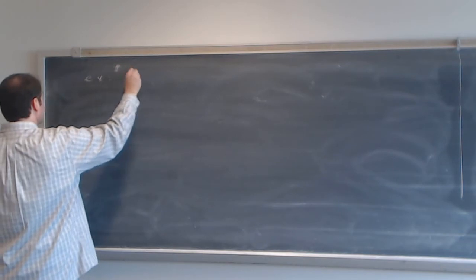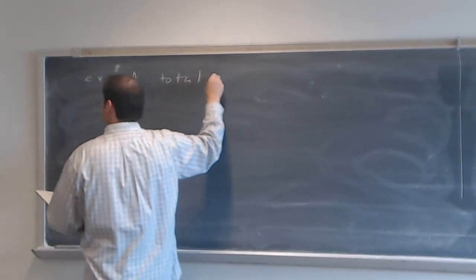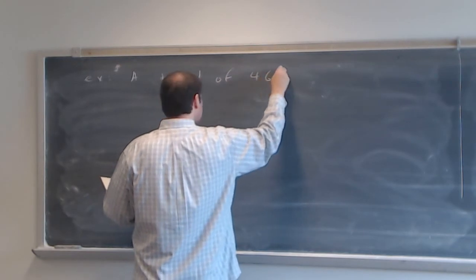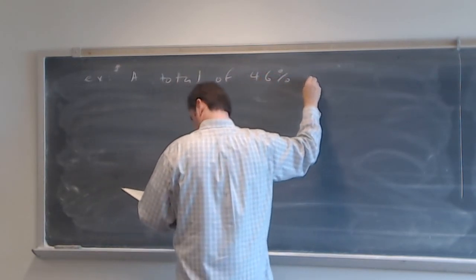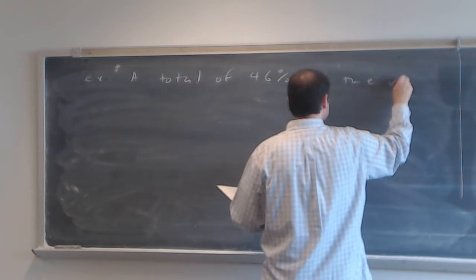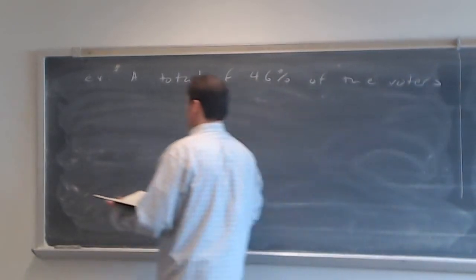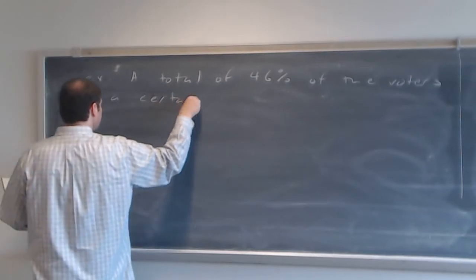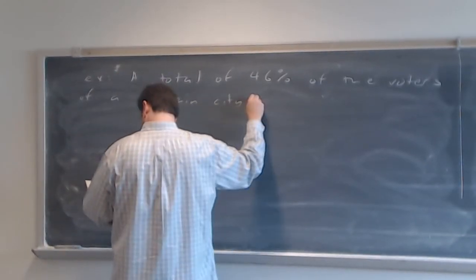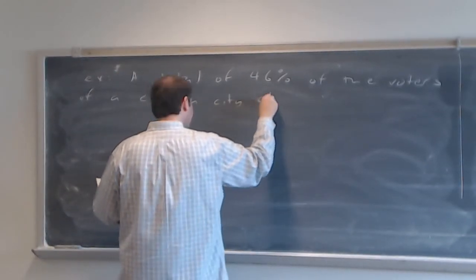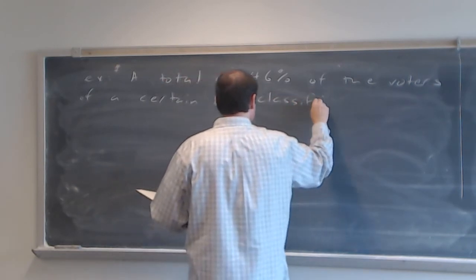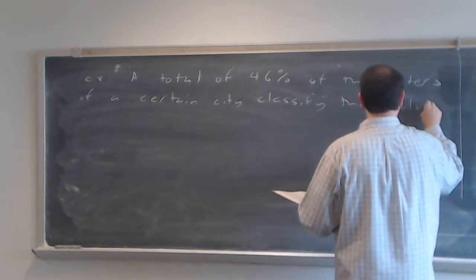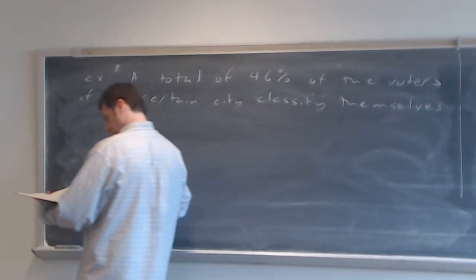There's a total of 46% of the voters of a certain city who classify themselves as independents.